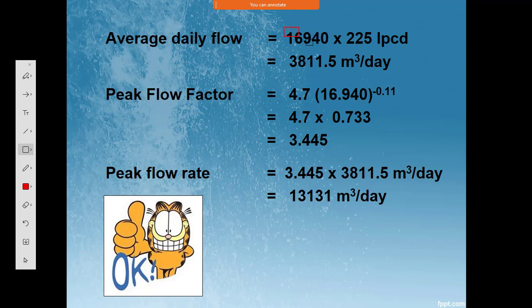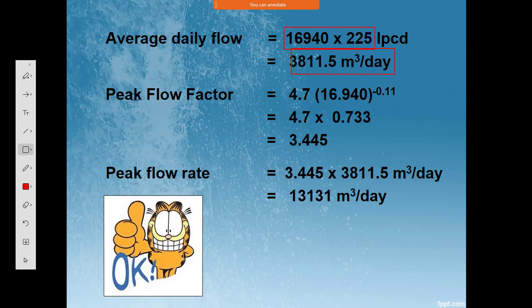So the total PE times 225 equals 3811.5 cubic meters per day. Okay, of course we convert to cubic meters per day. This will be liters per day. You have to convert it to cubic meters per day, just divide by 1000.